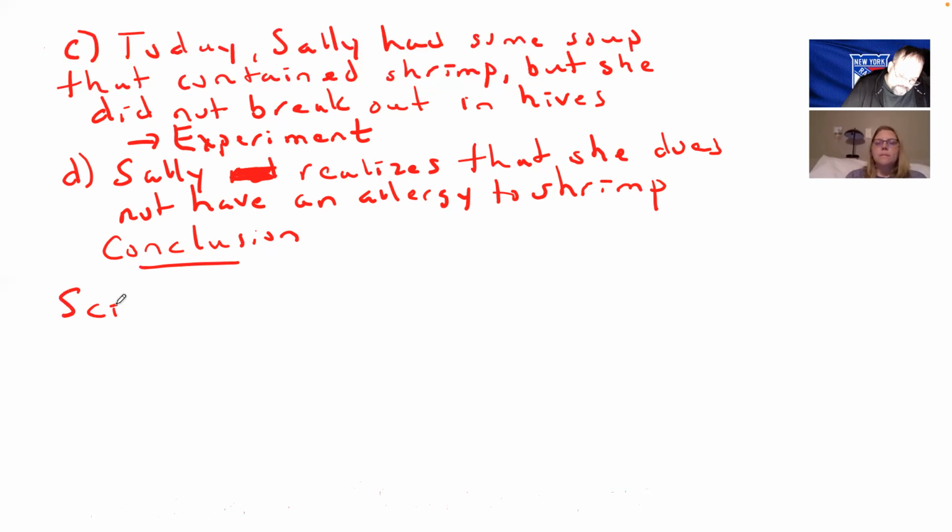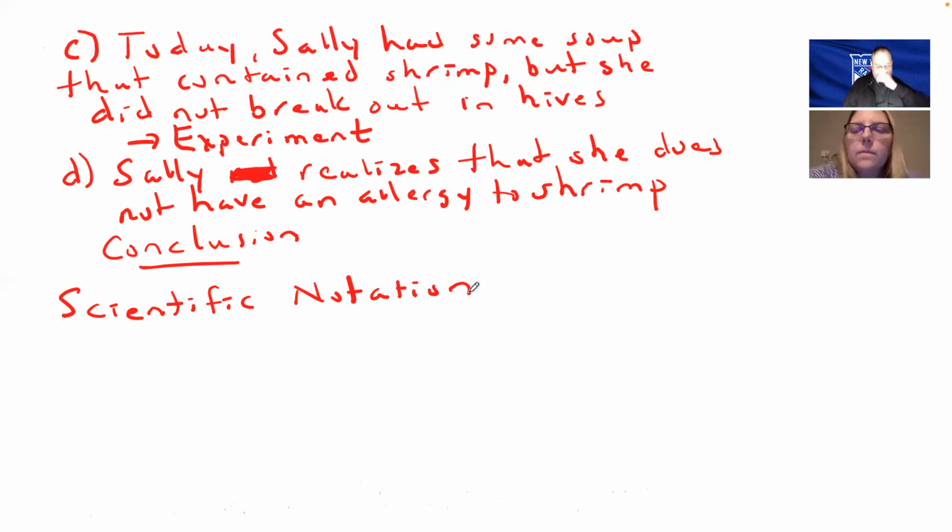Let me also talk a little bit about scientific notation, because I know a lot of times these days it's all about the calculators and such. But I do think it's important to a certain extent to know a little bit about numbers in scientific notation.